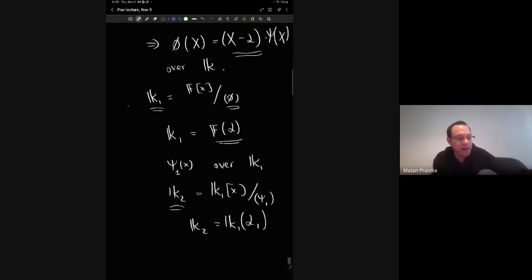This process has to terminate because the degree of phi is finite, and I am left with a splitting field. Namely, I am left with a field in which I was able to split all the linear factors that I could from phi. So phi completely splits.